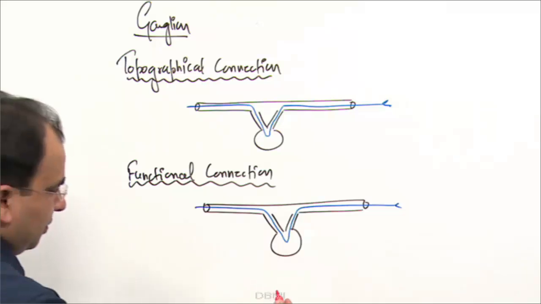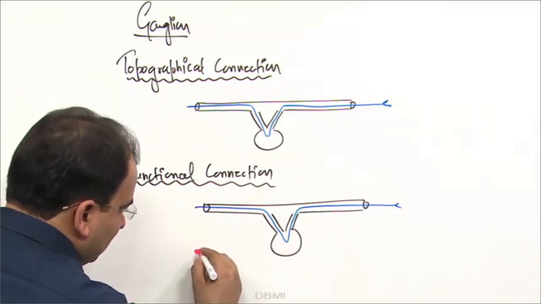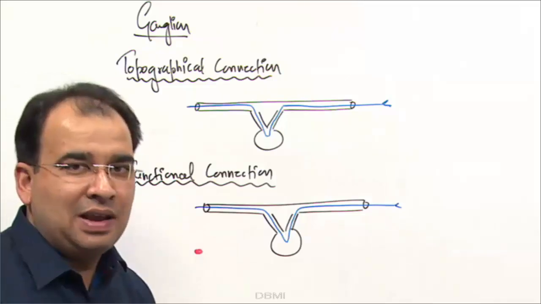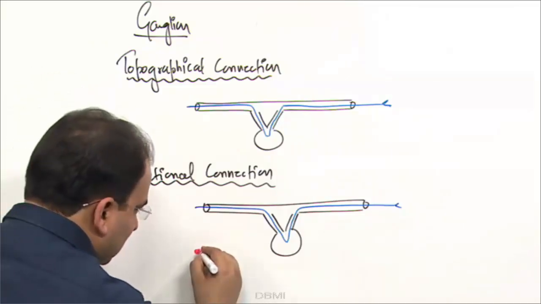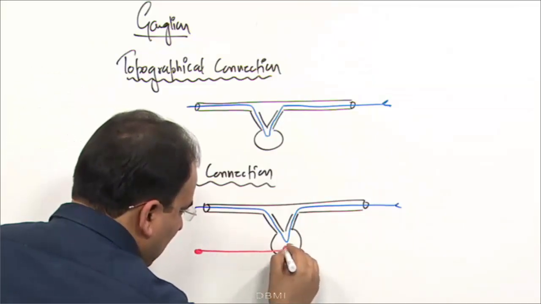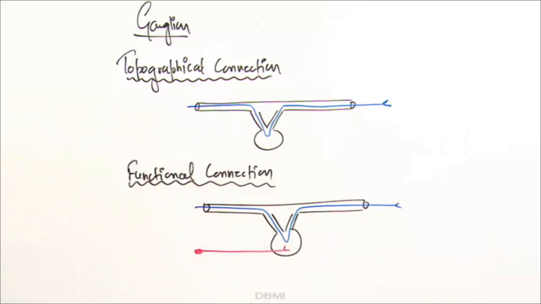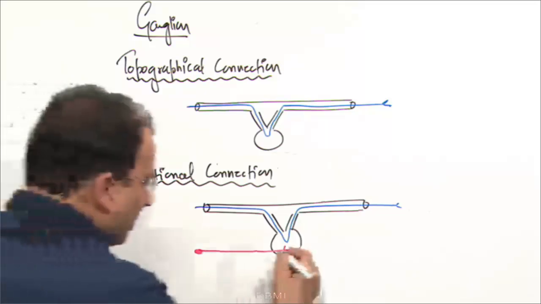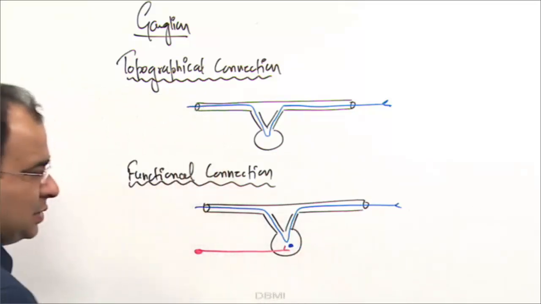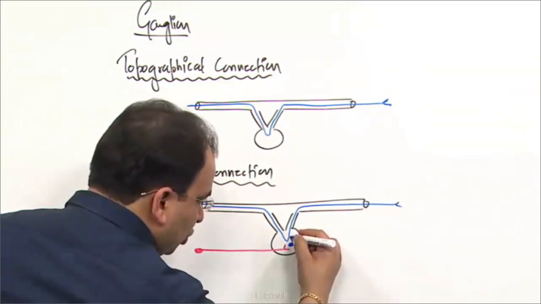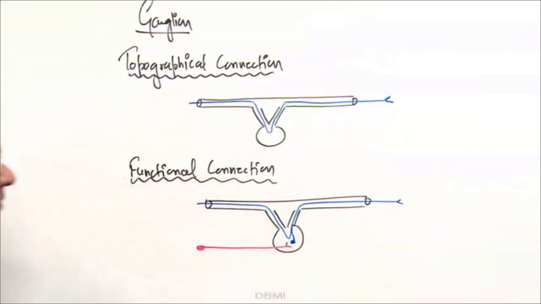The functional nerve will come from somewhere else, whatever the nuclei may be, superior salivatory, inferior salivatory, will come into the ganglion and relay there, and from the ganglion the postganglionic fiber will begin, and these postganglionic fibers will actually go through this topographic nerve only.